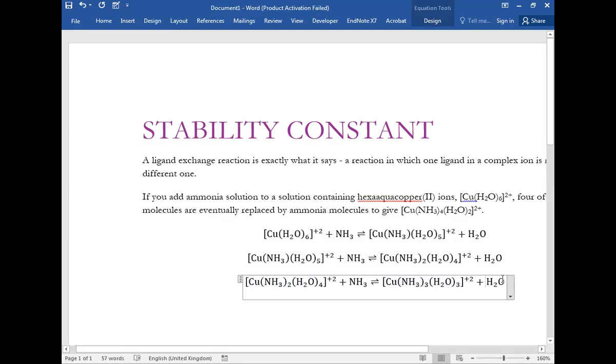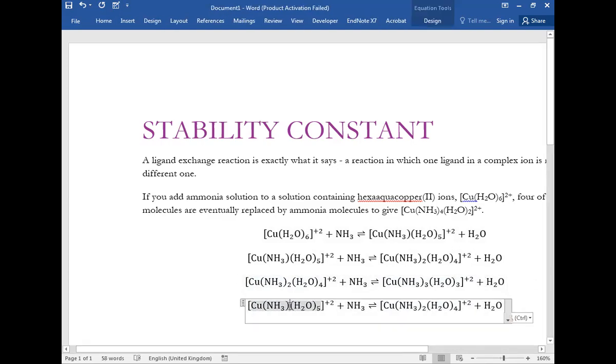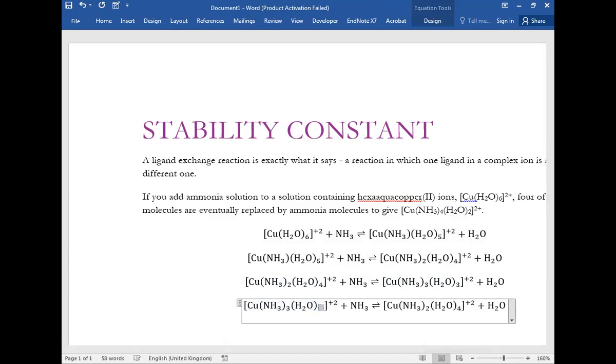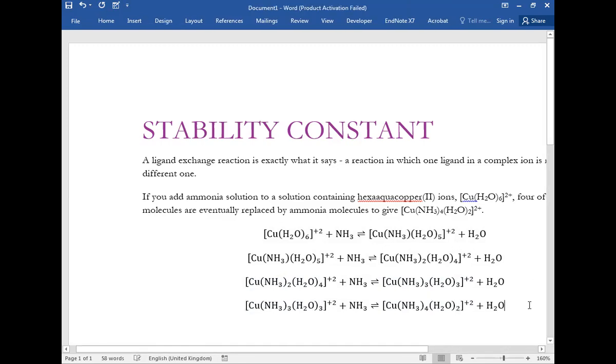And eventually another ammonia replaces, and we are left with 4 ammonia and 2 water. Is that right?